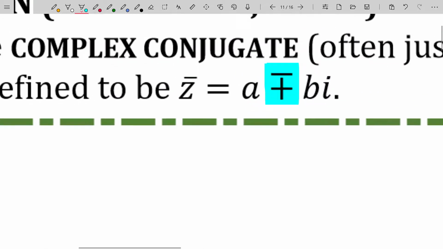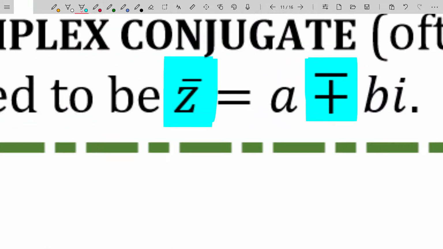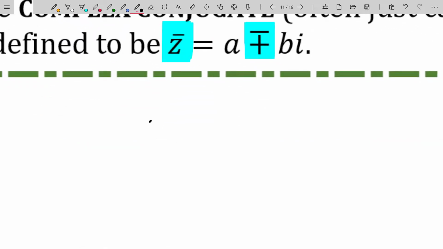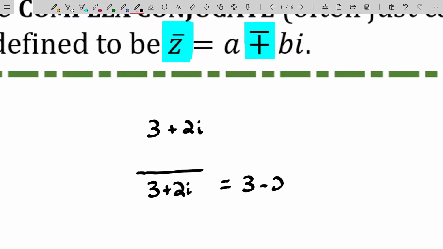Also, please note the notation we use for conjugates. If z was the original complex number, we call z bar its conjugate. It's just a very nice notation. And in fact, it gets used in a lot of different ways. So for example, if you want to know what the conjugate of 3 plus 2i is, you would write it that way and say it is equal to 3 minus 2i.